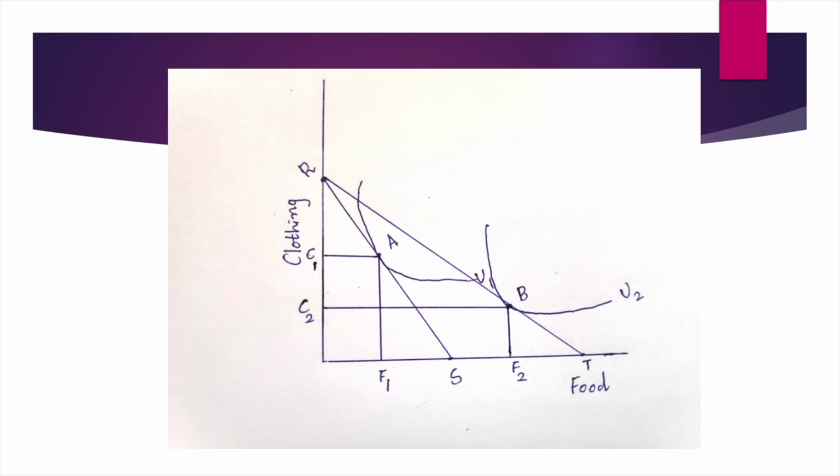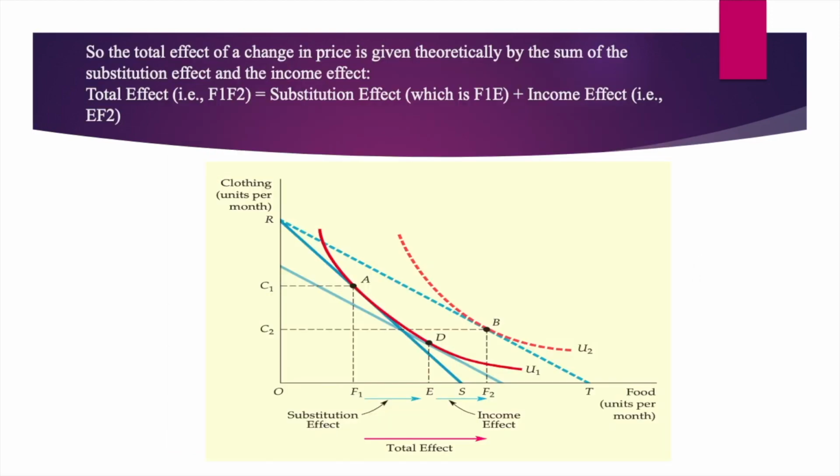So, C1 C2 and F1 F2 is the total change in the consumption of the market baskets A and B. So, this is the total effect on consumption of a decline in the price of food. Now, we will see how much of this is price effect and how much of it is substitution effect. First, let's discuss substitution effect.